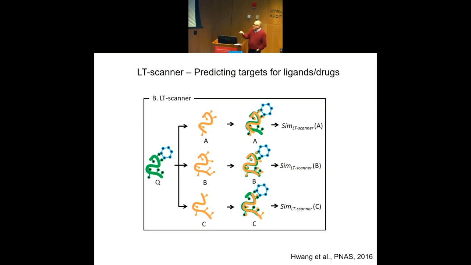You might take this drug and try to dock it onto the surface of every protein whose structure you know. And that method works at times, it doesn't work at times, in part because the structures are of uncertain quality unless they come from the Protein Data Bank, in part because there can be conformational changes on the surface of the protein as a result of drug binding.